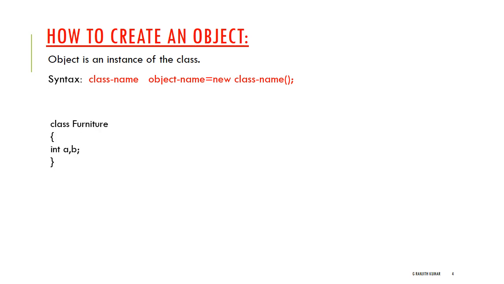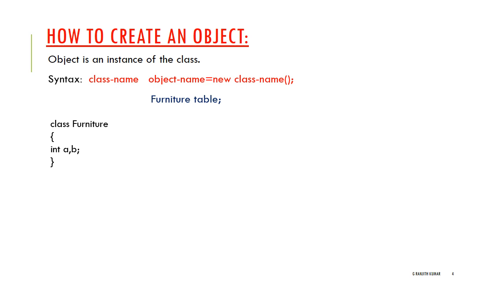Assume that this is the class. The class name is Furniture, which contains two variables, a and b. If we want to access a and b, we must create an object of the Furniture class. That's why the class name Furniture is followed by table. Table is the object name and Furniture is the class. For the Furniture class we are creating one object.